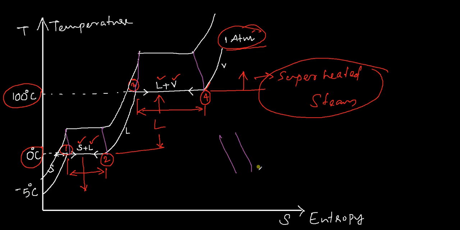You will have 2 lines here, and then you will have like this, which is the temperature entropy diagram of water. I will explain further about this graph in the next video, so do keep watching.